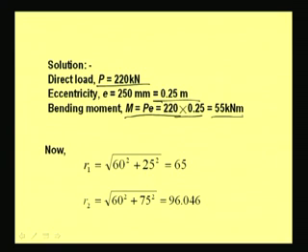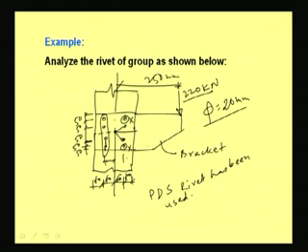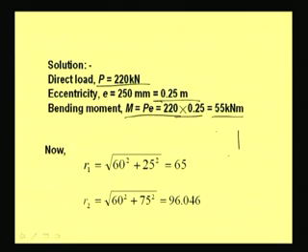Now, we have to calculate summation r square. So, first we have to find out the r. First we will find r for this rivet. For this we will see the rivet is there and the CG is here. We have seen that this is 50 and this is 60.